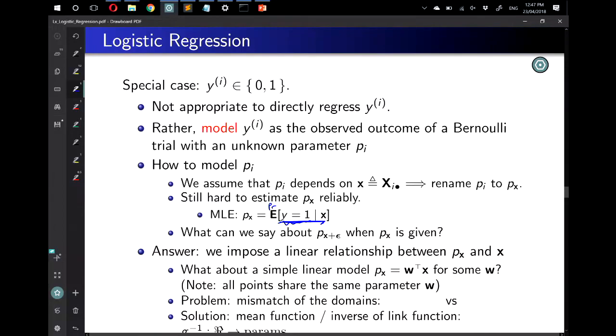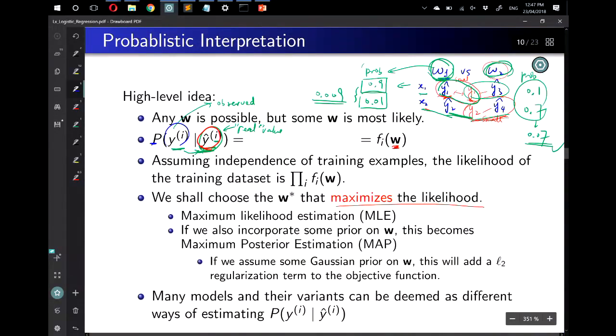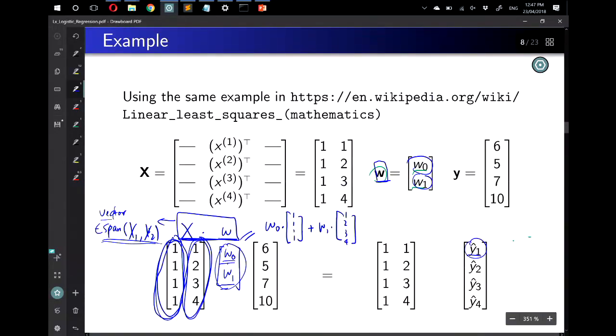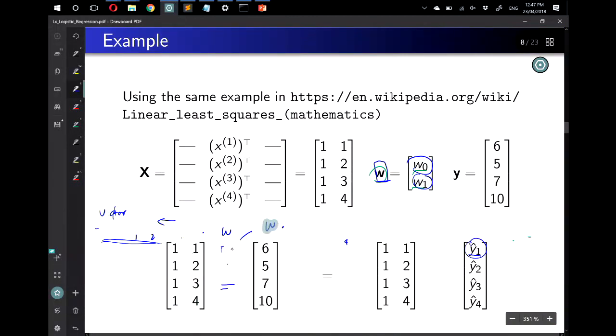Let's always go back to this example. Hopefully this gives you some kind of idea. Now the only difference is that the observation is not going to be these numbers. You can think about this observation as, let's say, 0, 0, 1, and 1.